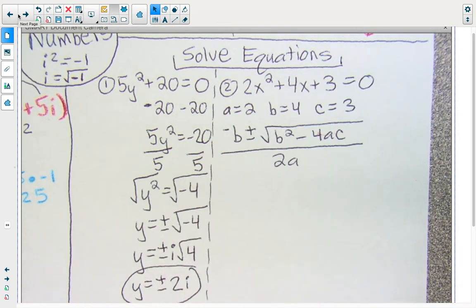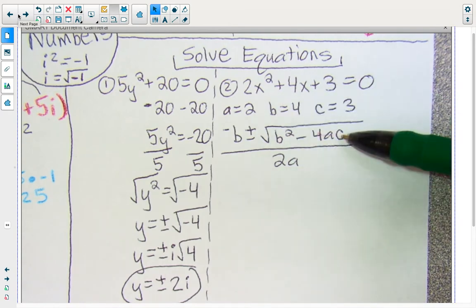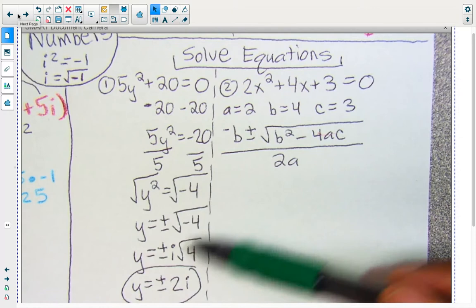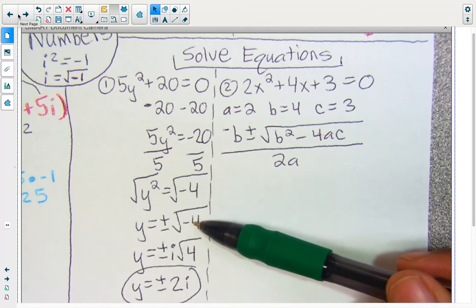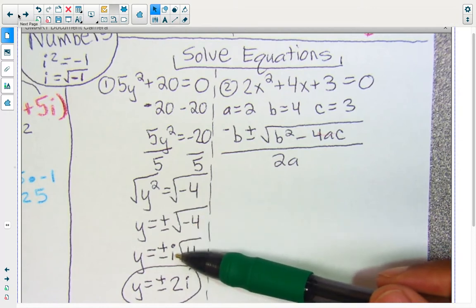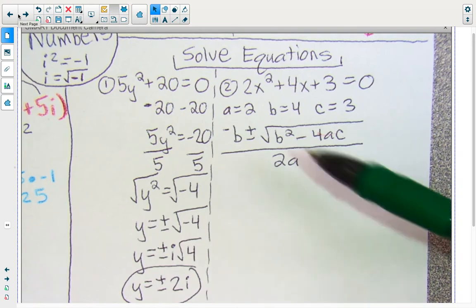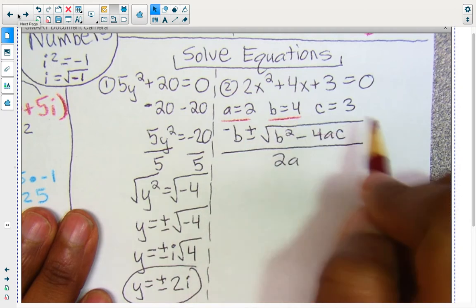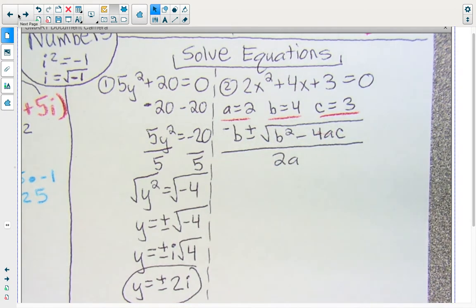So I'm doing the quadratic formula that we just learned, and I'm going to show you that underneath the square root, we're going to have a negative number, and I'm going to show you how to take the i out of that. Just like we did over here, it's going to get down to a point where we have a negative in the middle. So I'm going to show you how to get rid of that and just put i in front. So we're going to take these numbers, the 2, the 4, the 3.